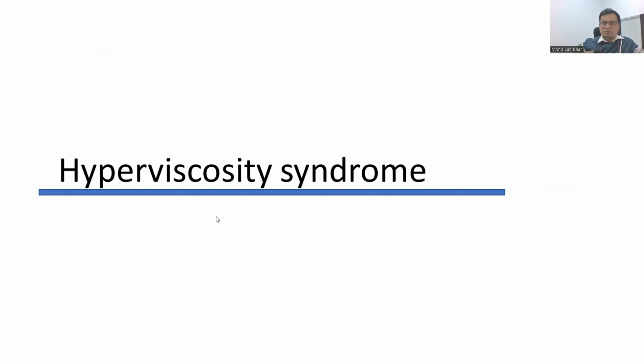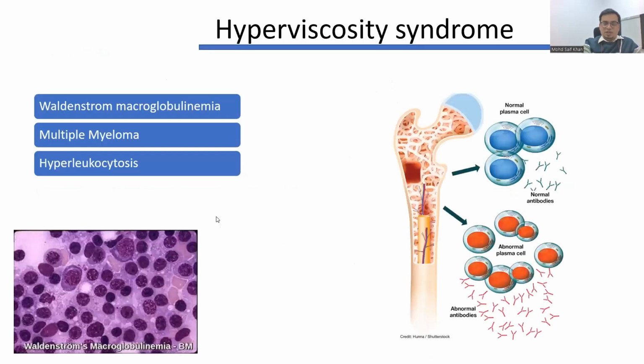That is also a complication of cancer, and if it is not recognized early and rapidly treated, it may be fatal. So how does it occur? It occurs in about 15% of Waldenstrom macroglobulinemia of IgM type. That is the most common cause of HVS. Other causes include multiple myeloma and leukemia, hyperleukocytosis, and polycythemia, where the platelet count is quite high.